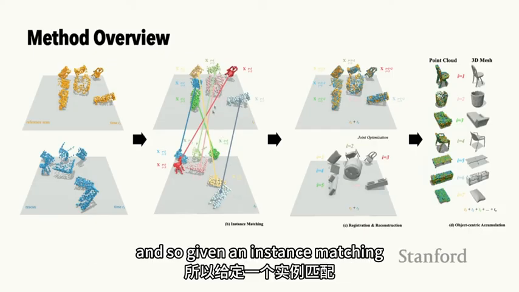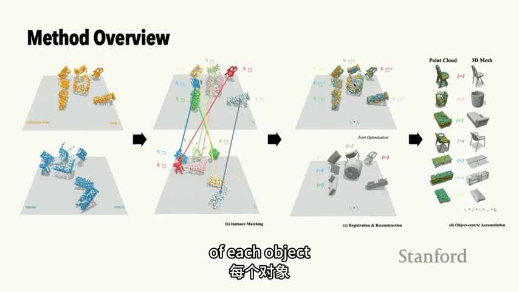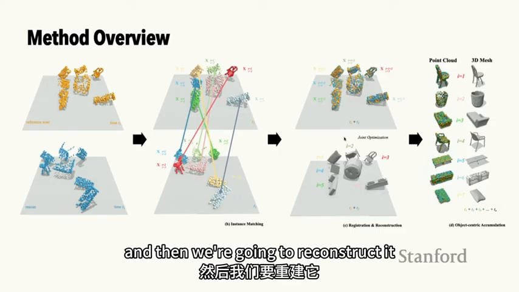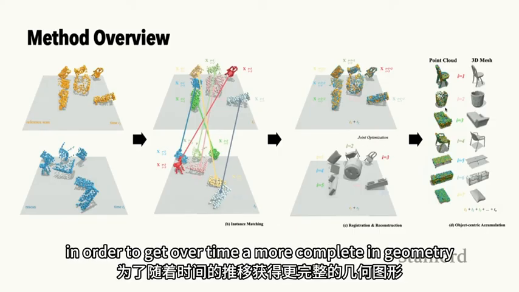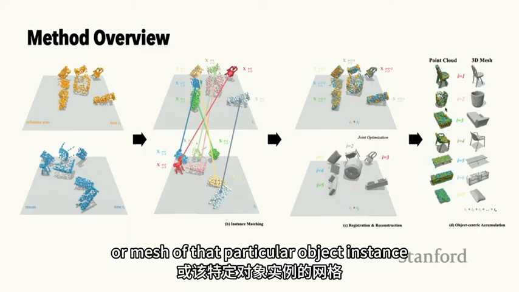And so given an instance matching, we are going to register the different point clouds of each object, and then we're going to reconstruct it in order to get, over time, a more complete point cloud in geometry and accuracy, or mesh, of that particular object instance.